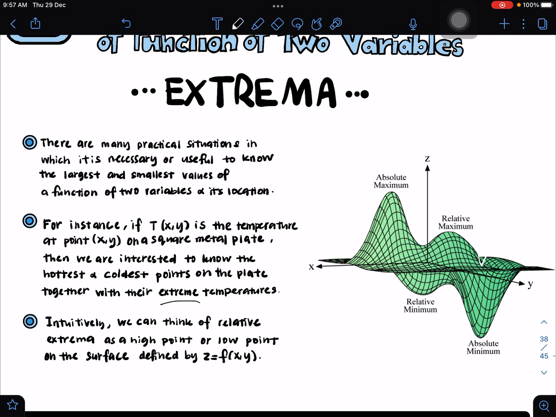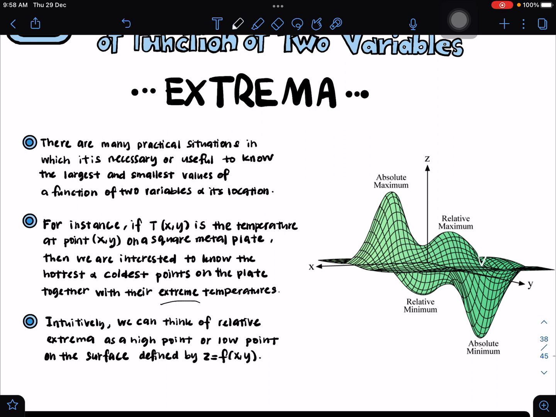So intuitively we can think of relative extrema as a high point or low point on the surface defined by z = f(x,y), a function of x and y. So secara conclusionnya kita boleh anggap yang relative extrema ini adalah sama ada the high point ataupun the lowest point on the surface yang diwakili oleh function f in terms of x and y.